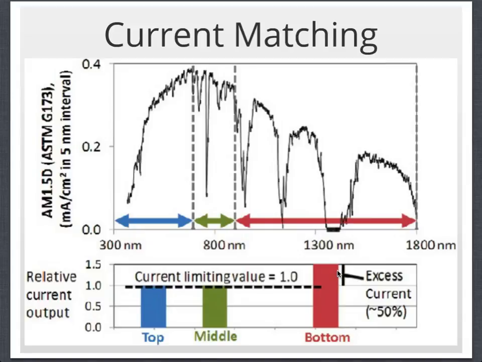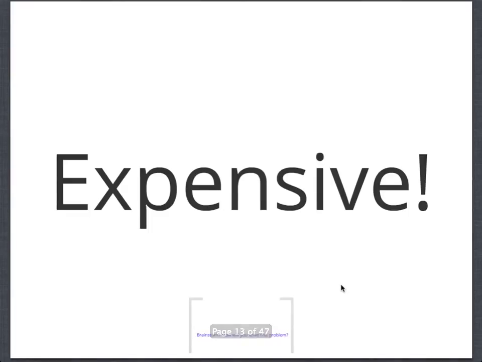Even though it produces a higher current, since they are connected in series, the performance of the whole structure is limited by the one which is producing the smallest current. So even if you have higher current, you lose it because the structures are connected in series. In summary, it's just expensive to use multi-junction solar cells to solve the thermalization and absorption losses.